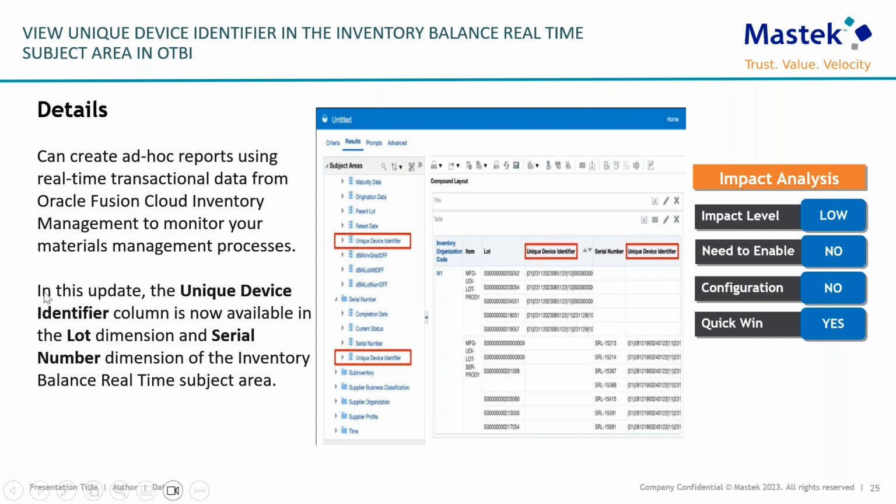So in this update, the unique identifier column is now available for lot and serial numbers only. And there will be no configuration changes. We need not opt in for this because this is basically an OTBI subject area. So yes, this is a quick win for us and we can use it now for lot and sub inventory.